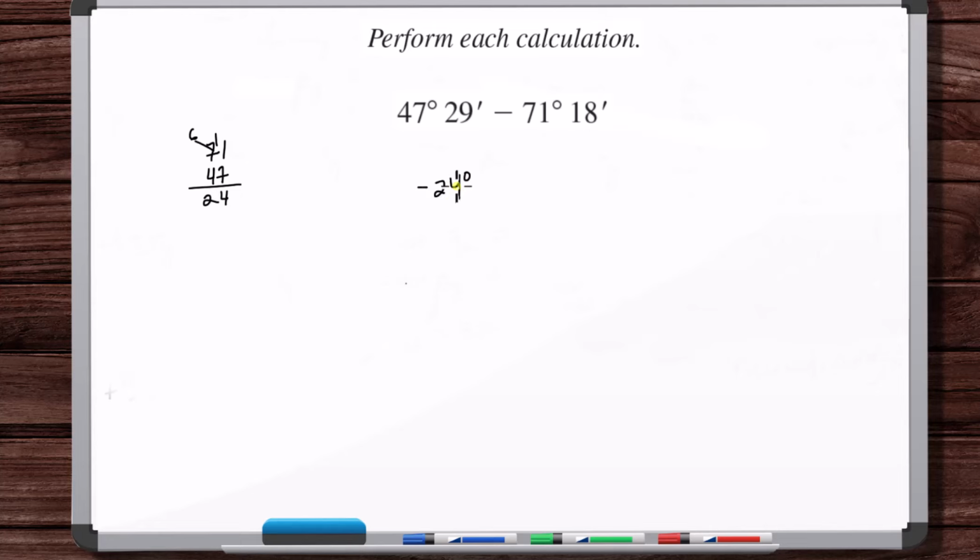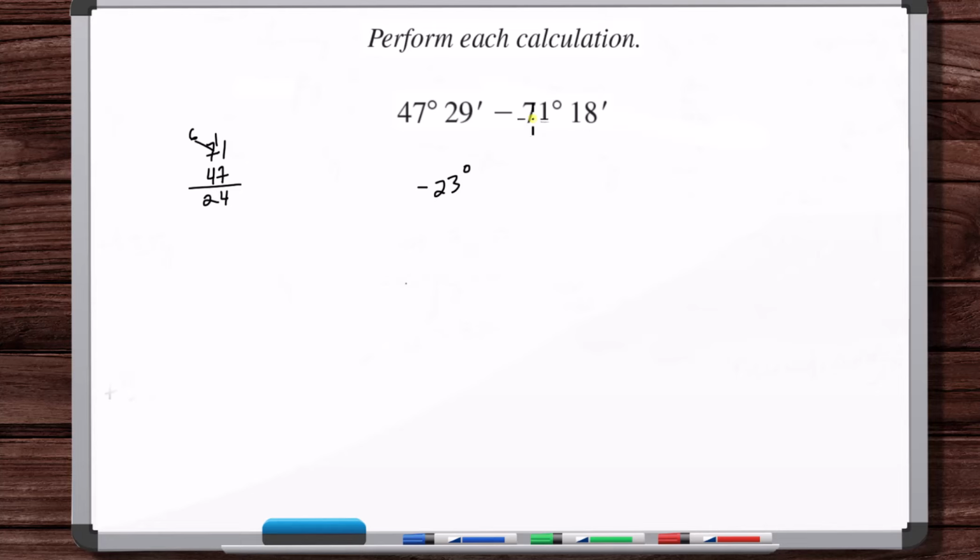But if you think about it, it's actually going to be minus 23 degrees and then something minutes. You can't just say 47 minus 71 is minus 24, then 29 minus 18 is 11, so minus 24 degrees, 11 minutes. You can't do that. It's kind of like if you were subtracting 47 minutes, 11 seconds in time, minus 71 minutes, 18 seconds. You got to be careful, right?